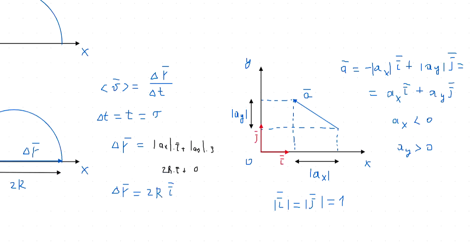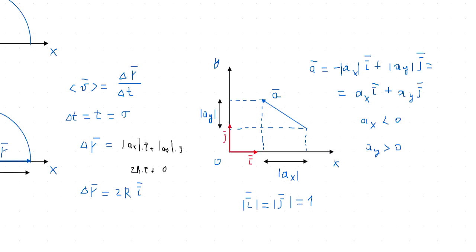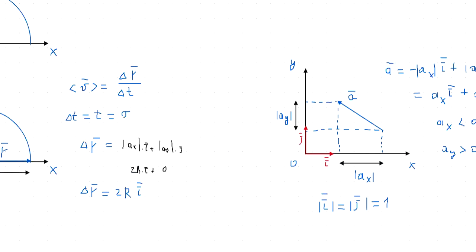Displacement vector is a vector that connects initial and final position of material point. So we can write that this is equal to 2r i divided by tau. So this is average vector of velocity.